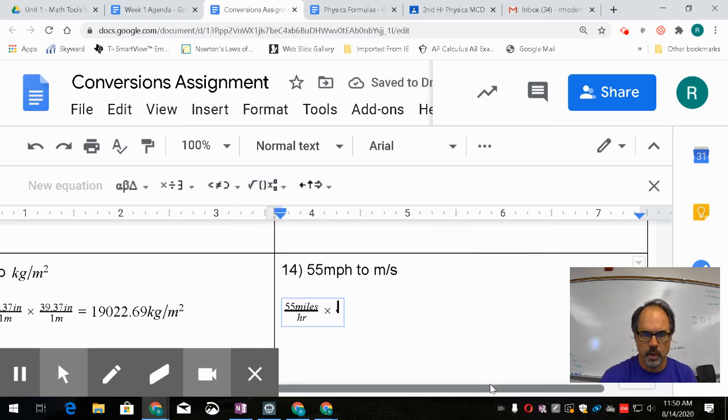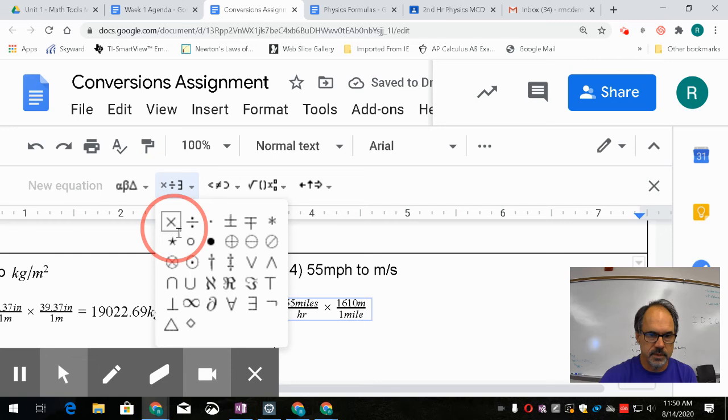Let's see, 1 mile is 1,610 meters. So I need to get 1610 meters, that's 1 mile. Okay, and that's on your conversion sheet. Then we want to do times again.